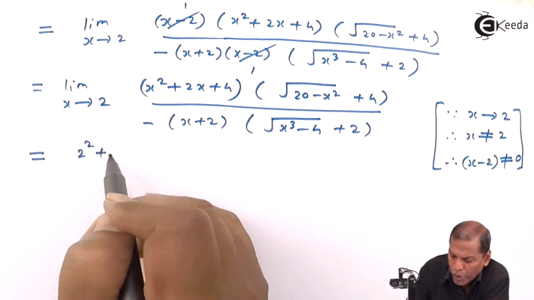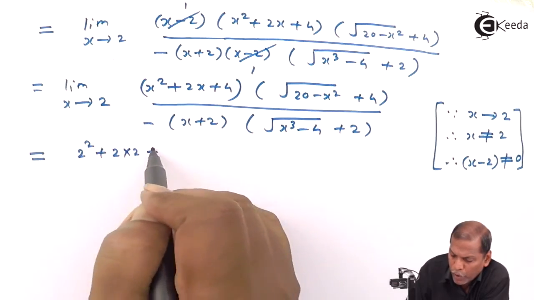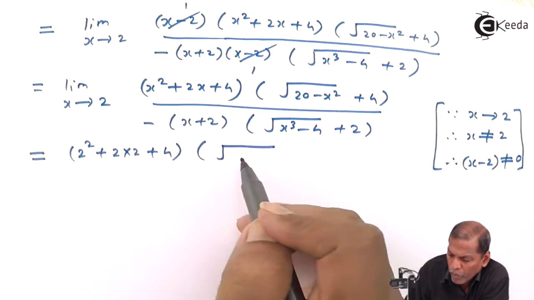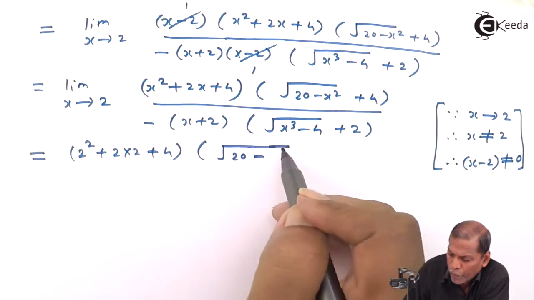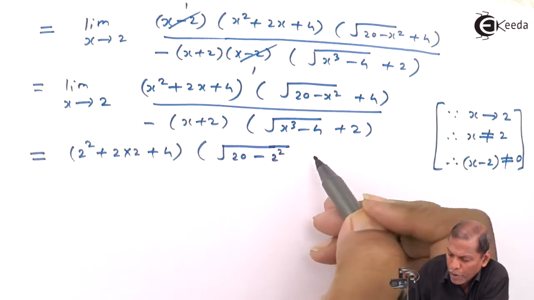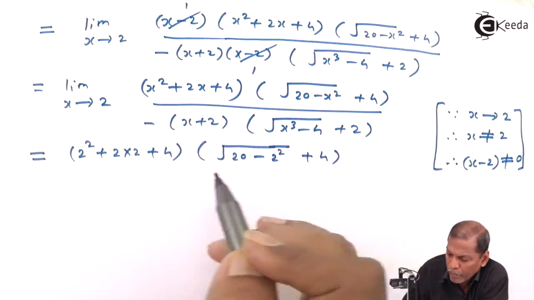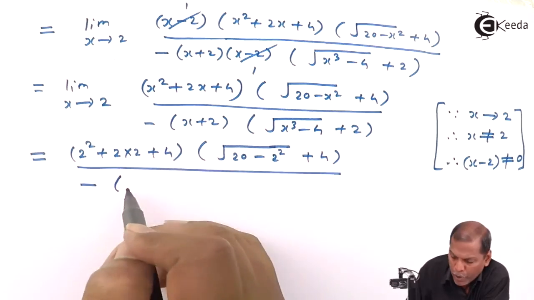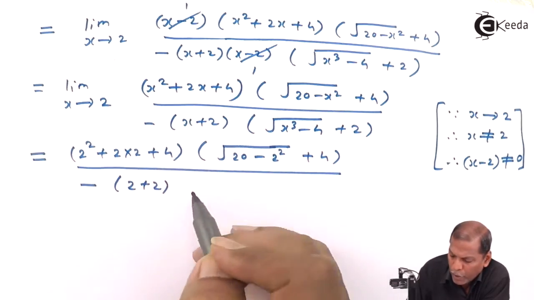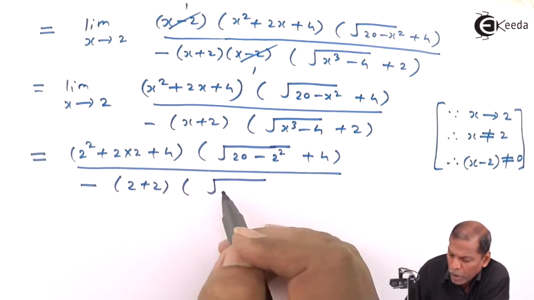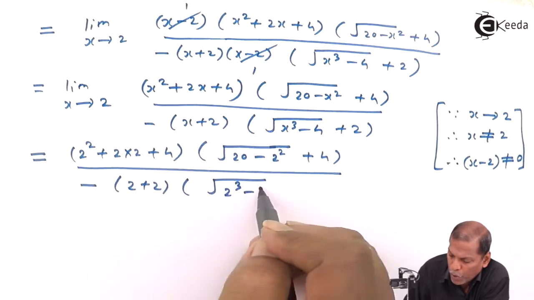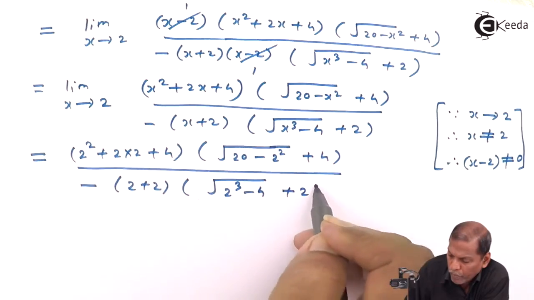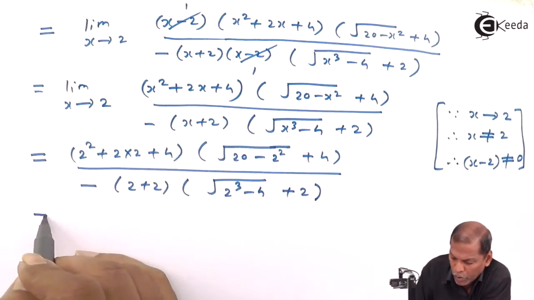So we have 2 square plus 2 into 2 plus 4 in the first bracket, then square root of 20 minus 2 square plus 4, and the whole thing divided by minus in bracket 2 plus 2, next bracket square root of 2 cube minus 4, plus 2.